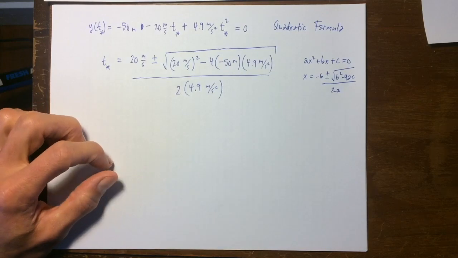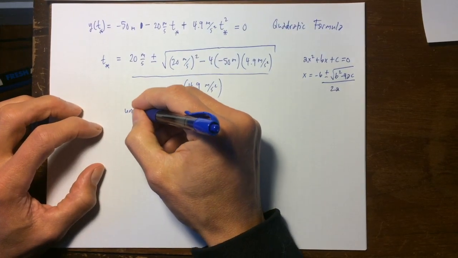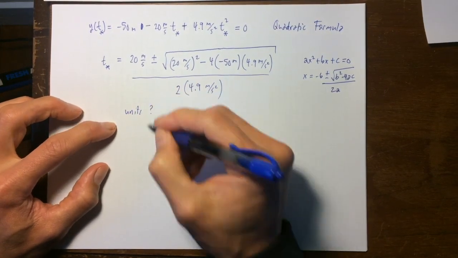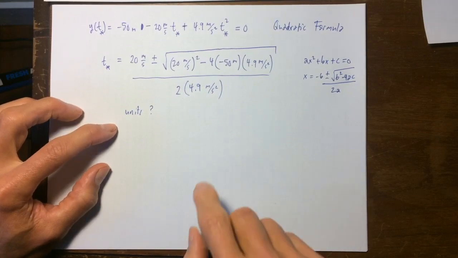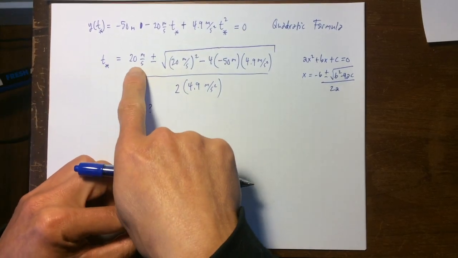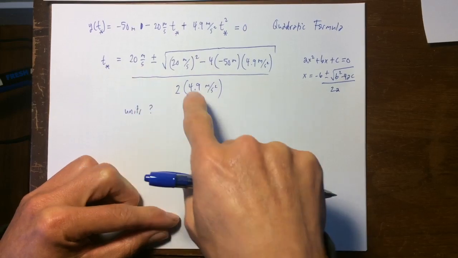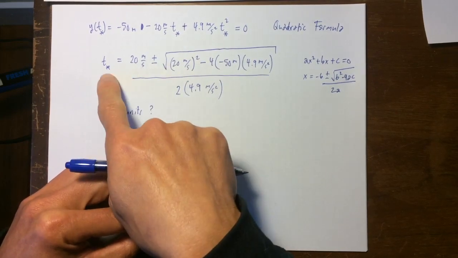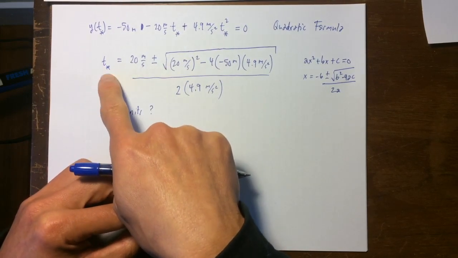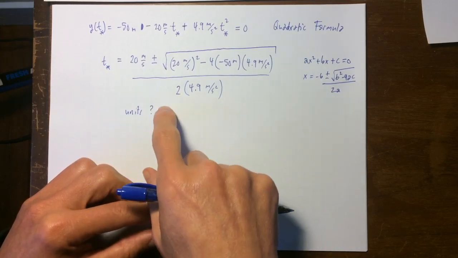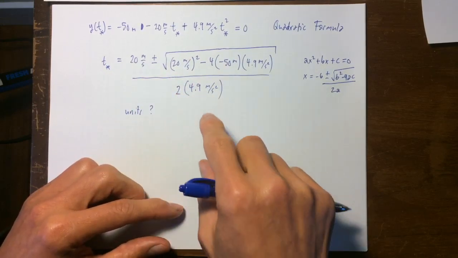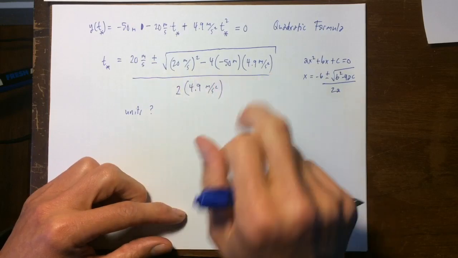But the thing I wanted to show you is how the units work out. Watch this. I've got a term here in meters per second, and I'm adding or subtracting it, because there are two answers to this quadratic problem, or possibly two answers. So plus or minus the square root of this stuff.